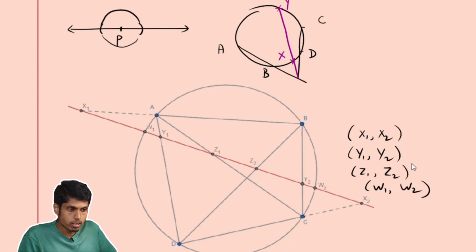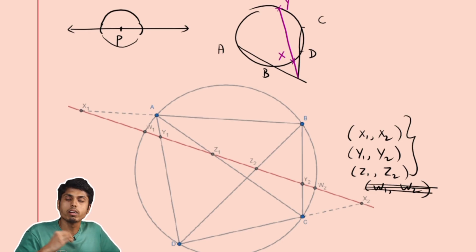Now, it turns out that even if the quadrilateral is not cyclic, you can still consider the Desargues involution theorem just by eliminating the w1, w2 pair. Since there is no circle, you can remove the w1, w2 pair and assert that these 3 form involution pairs.